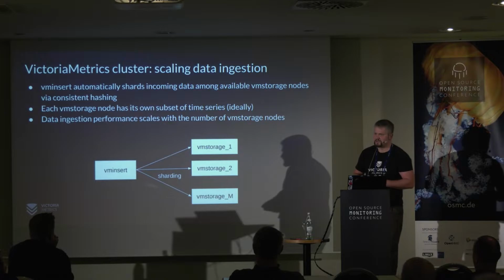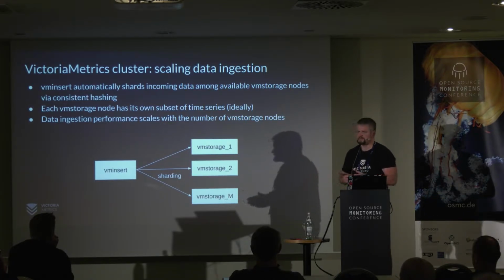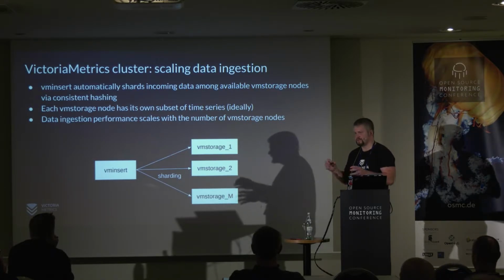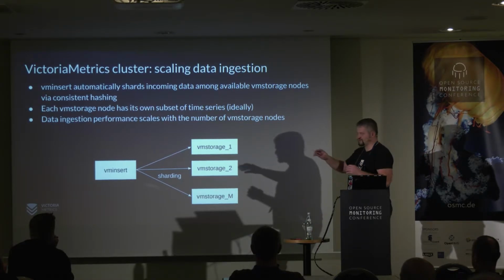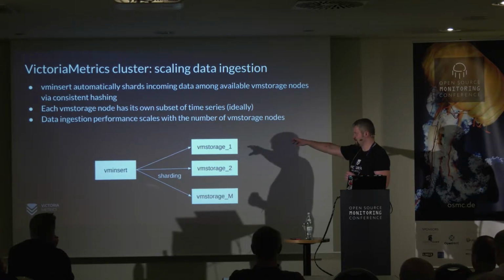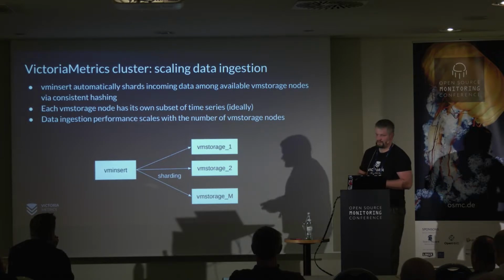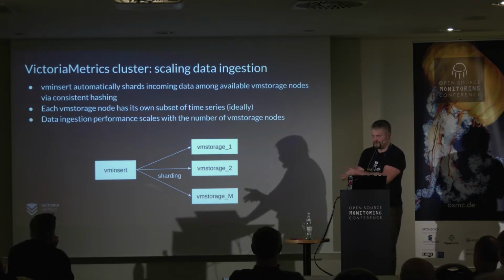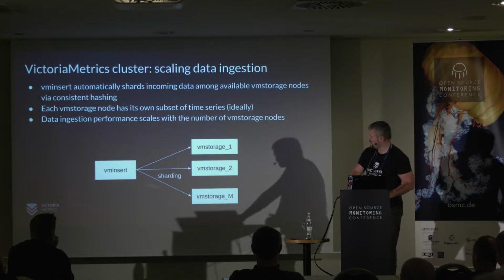Every insert node spreads incoming data among available storage nodes, and it uses consistent hashing over time series for this. This means that it tries to write every unique time series only to a single storage node. And this scales data ingestion path with the number of storage nodes. You increase the number of storage nodes, and the performance of data ingestion path also increases.